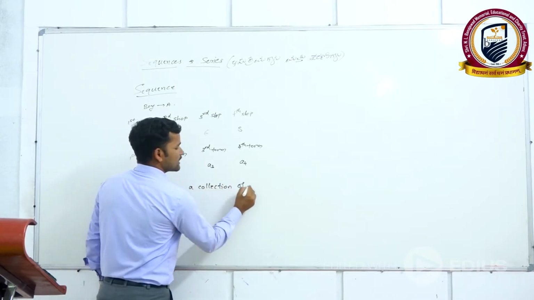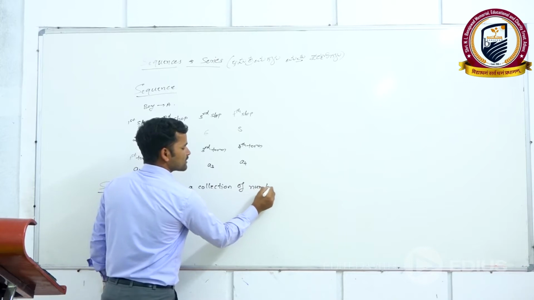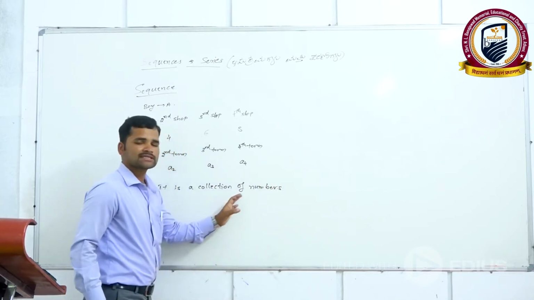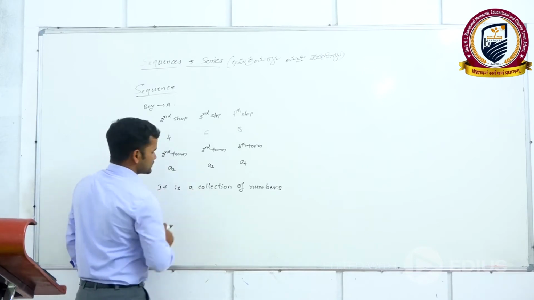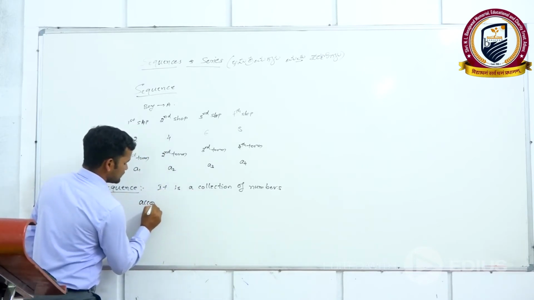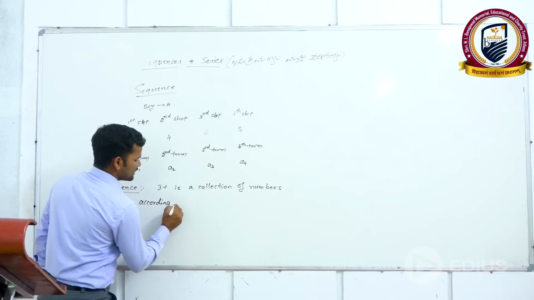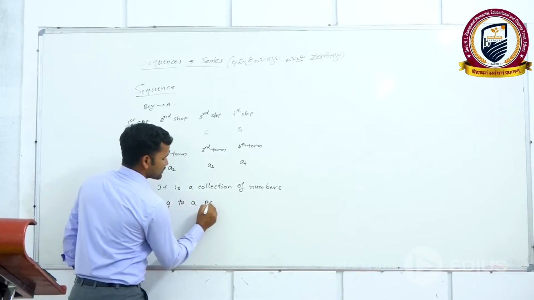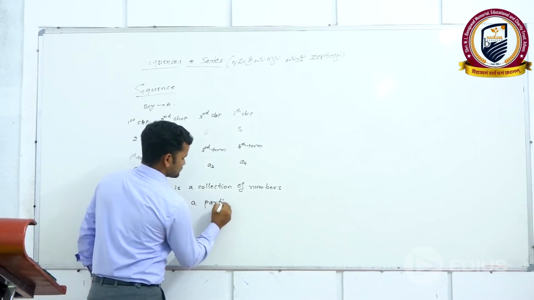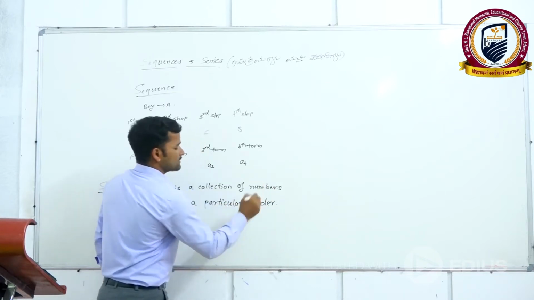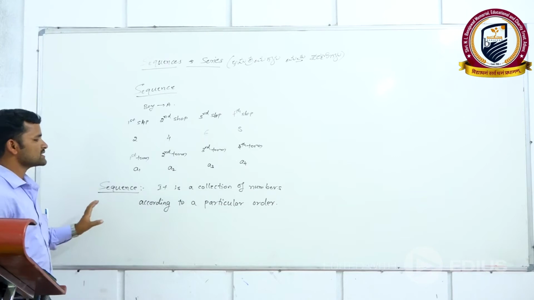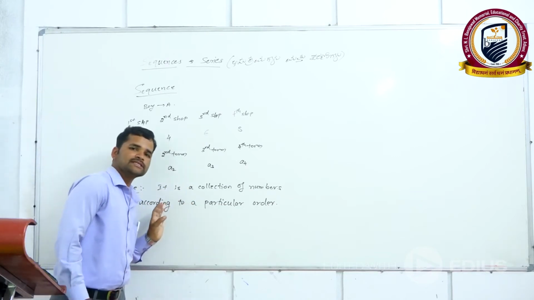In particular, if you want, you can say collection of things also. Nothing wrong. It is a collection of numbers according to a particular order. So collection of numbers according to a particular order is a sequence.